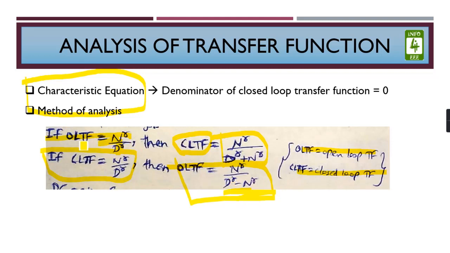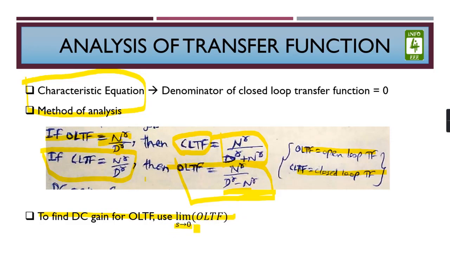For OLTF to CLTF, we add the numerator and denominator, and for CLTF to OLTF, we subtract them. So to find the DC gain for OLTF, this is a very important point, use the limit s tends to 0 of the OLTF.